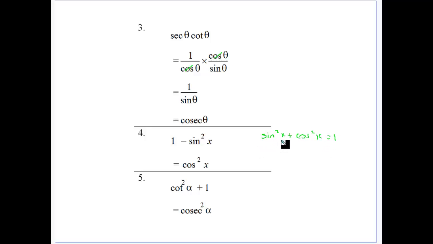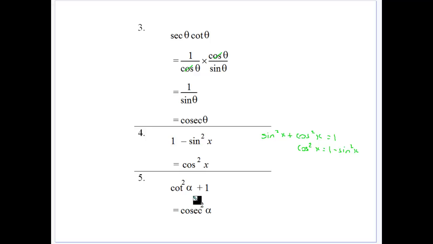So if we take sine squared x and subtract it on both sides, then we have this situation where cos squared x can be written by itself, and we get that relationship between 1 minus sine squared x. So having something like that, we can just write it as cos squared x. So we've got to make sure we can manipulate any of our expressions there that we had.